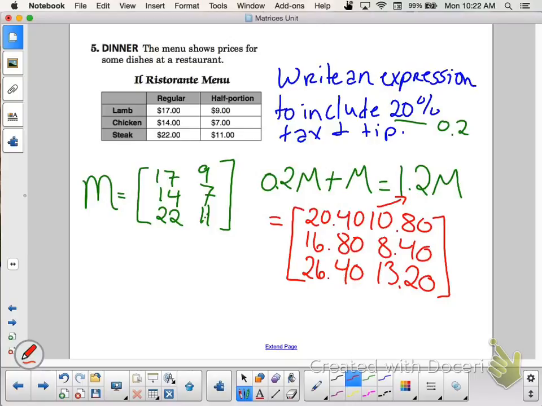So let's look at our matrix M. Which row represents lamb? The first, second, or third row? The first. First column is regular, second column is half. So it's the price difference between a regular and a half portion. 8. There we go. So our price difference here would be 8.